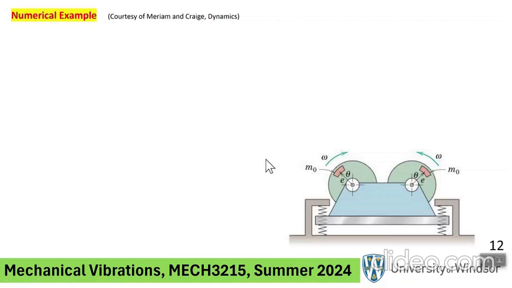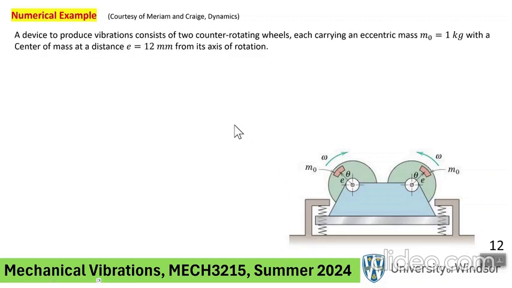Okay, here is another example taken from Meriam and Kraige's Dynamics book. So the situation that we have is a machine like that, and it has two counter rotating wheels.